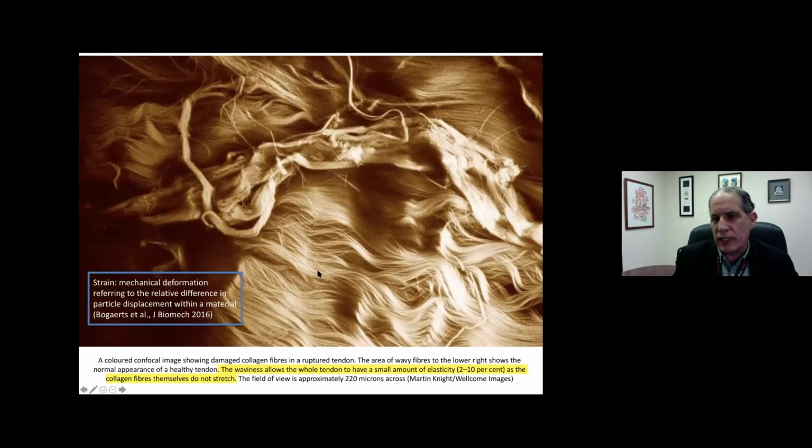But when you stretch it beyond that, then you can cause tears like this, which of course is not a nice wavy pattern. This is a torn section of the tendon. I just wanted you to see the difference between the normal wavy pattern of a healthy tendon and the injured tendon here, okay?